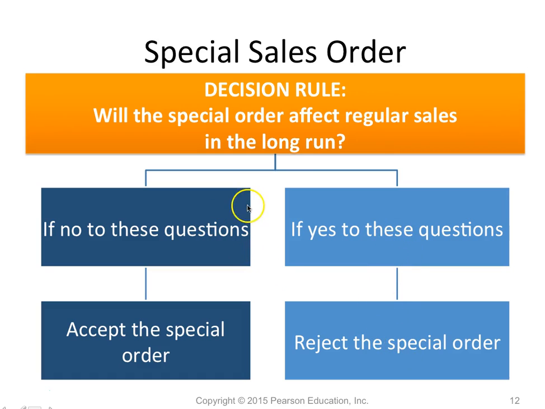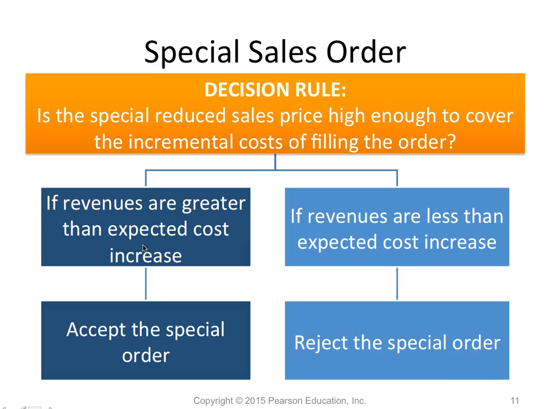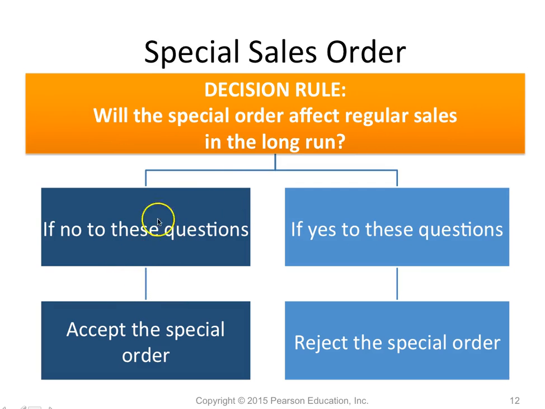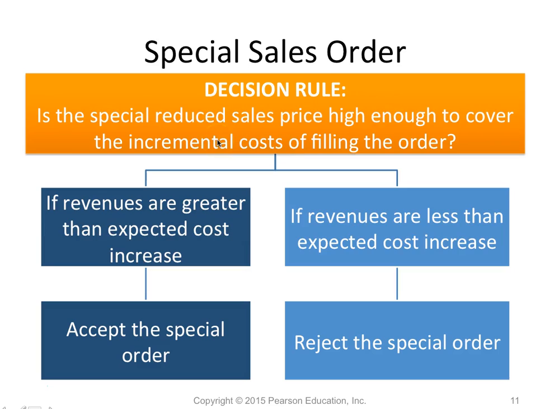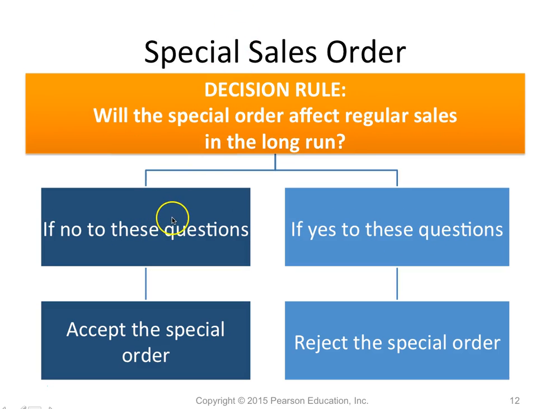If you say, okay, this is just a one-time order, it's not going to have any adverse impact on our business, I say, okay, we take it. After we have decided that we are going to consider taking this order, we further say, okay, from the quantitative side, yes, and from the qualitative side, we're also going to say yes.